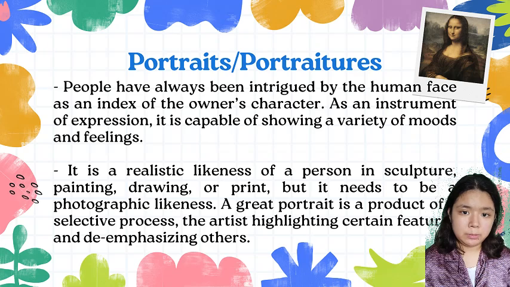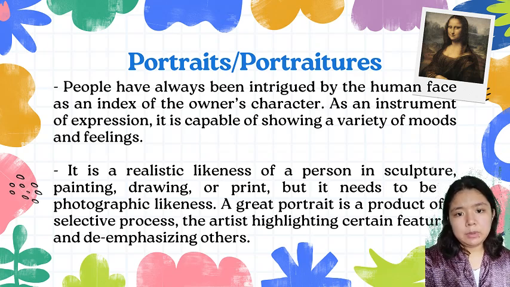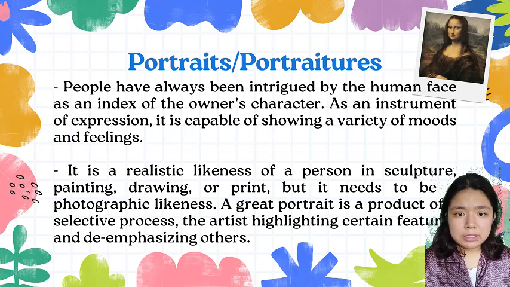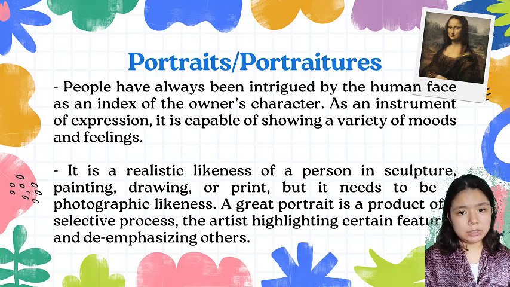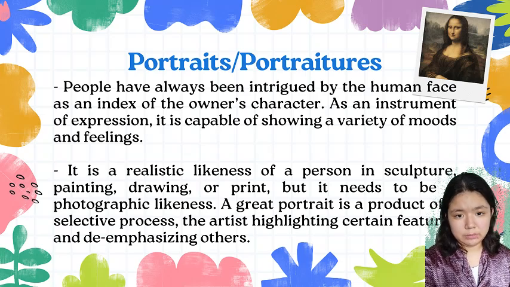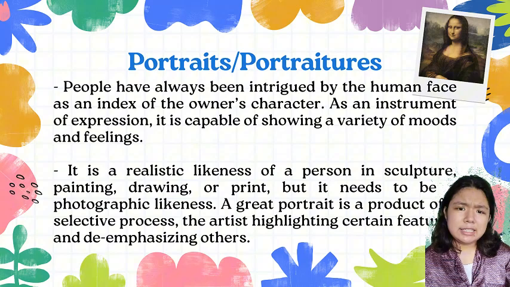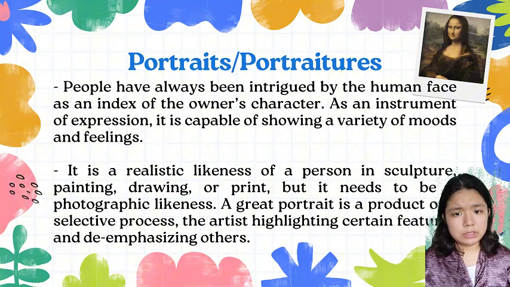The next ones are portraits or portraitures. People have always been intrigued by the human face as an index of the owner's character. As an instrument of expression, it is capable of showing a variety of moods and feelings. It is a realistic likeness of a person in sculpture, painting, drawing, or print, but it doesn't need to be a photographic likeness.